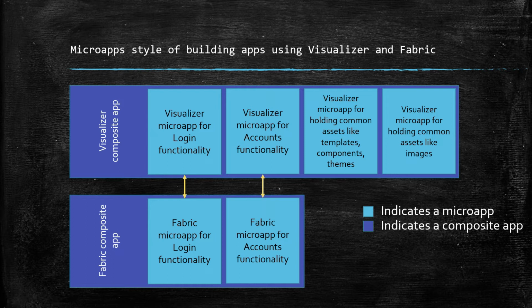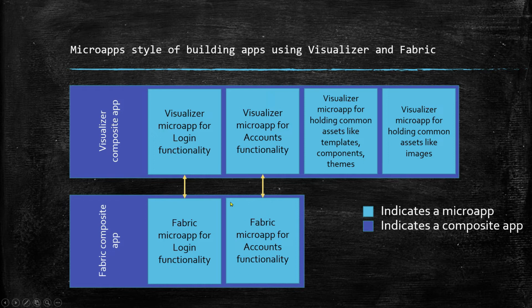So the monolithic app that we are creating currently is being split into individual Visualiser apps having a specific functionality built as part of the Visualiser app, and individual Fabric apps having specific functionality built as part of that Fabric app.